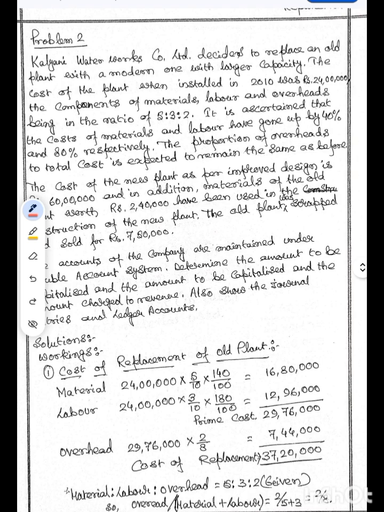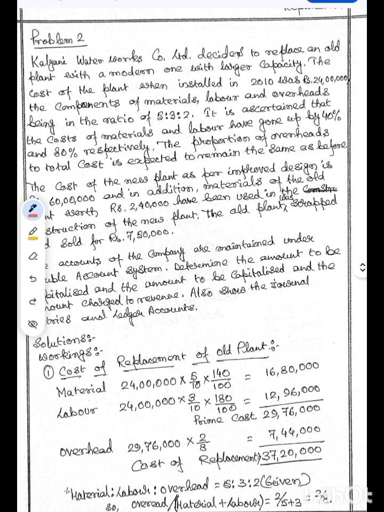The components of material, labor and overhead are in the ratio 5:3:2. It is ascertained that the cost of materials and labor have gone up by 40% and 80% respectively. The proportion of overheads to total cost is expected to remain the same as before.